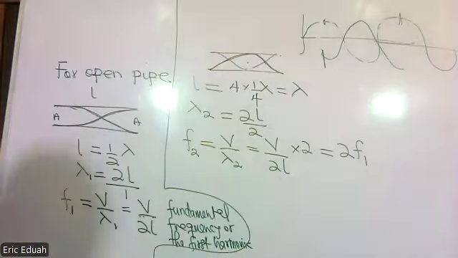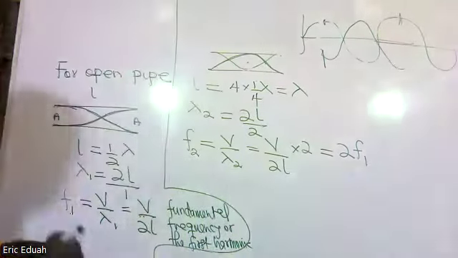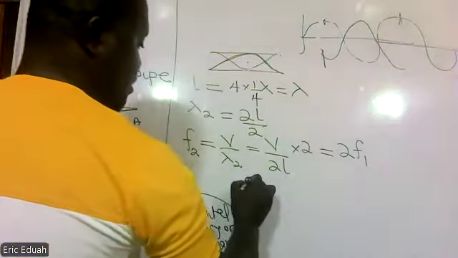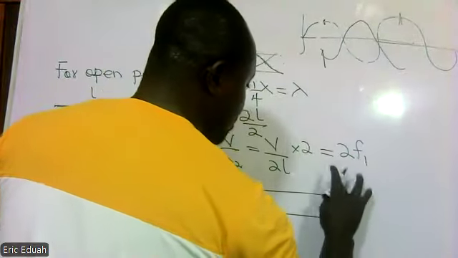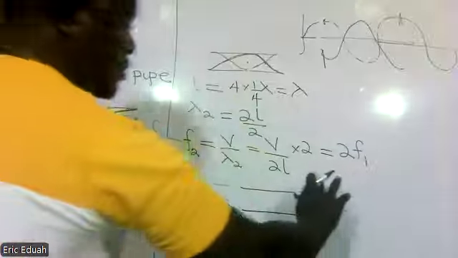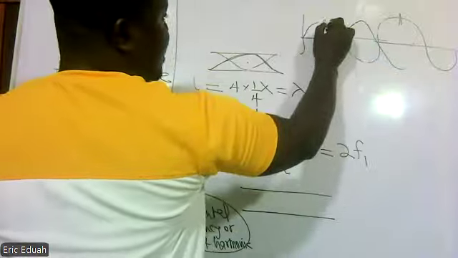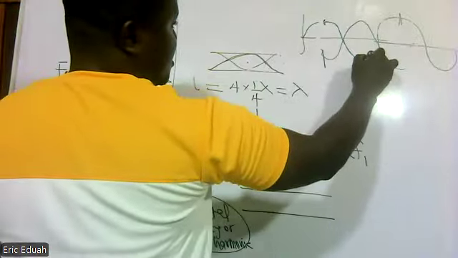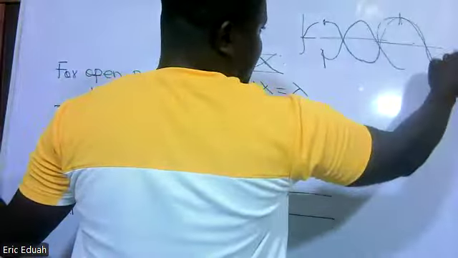And then the last note. The last loop or note or stationary wave, let's pick it from here. So this is the first, the second would end here, and so the third must also come here.